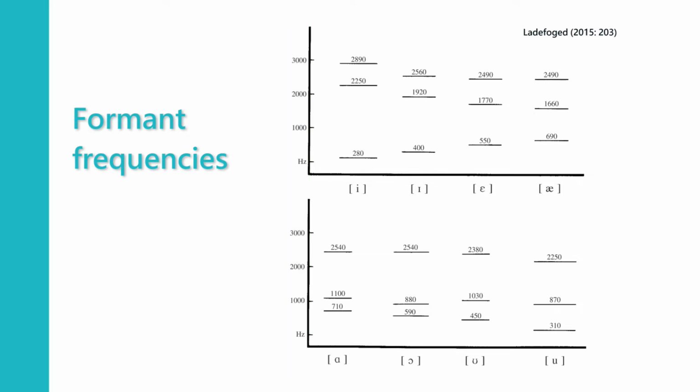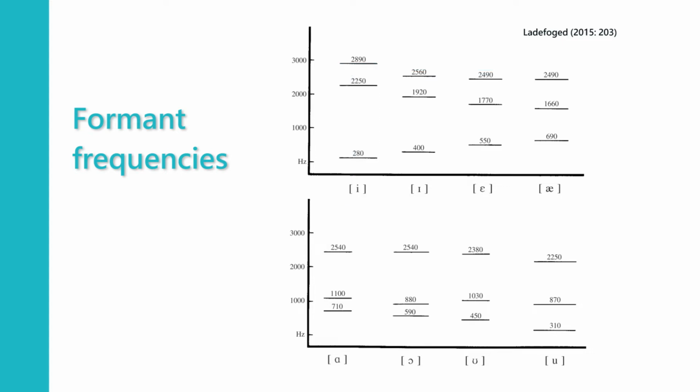For example, for the vowel E, as in the word see, there are three frequencies mentioned here: 280, 2250, 2890. These are three formant frequencies with which we can identify the sound E. The first one at the bottom is the first formant, the second one is the second formant, and the other one is the third formant.